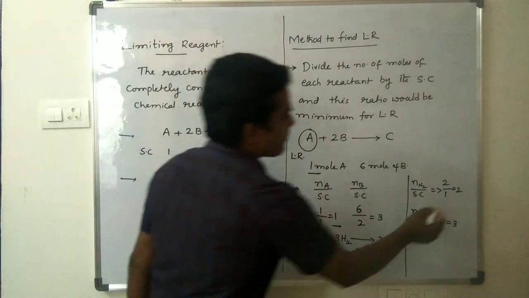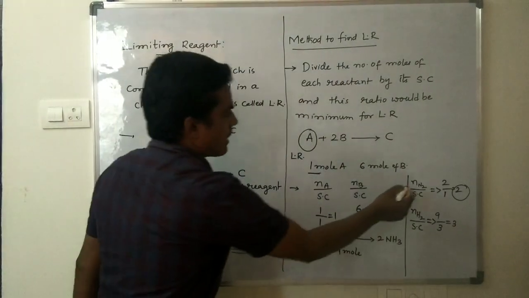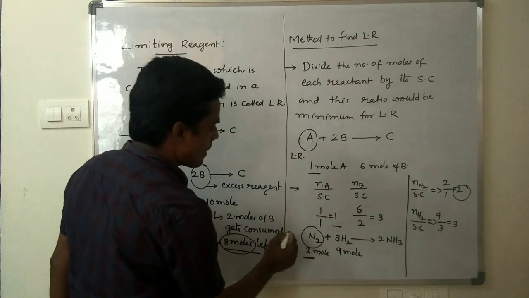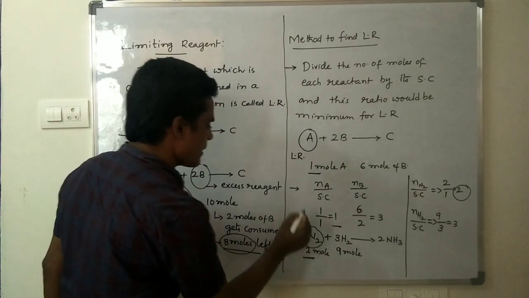So 2 is the minimum value. Hence nitrogen is the limiting reagent.